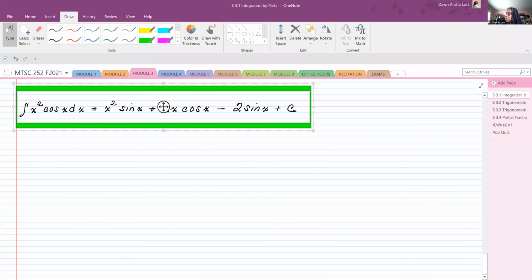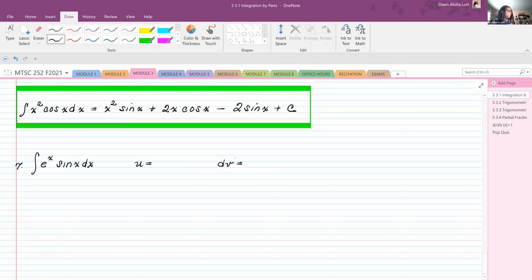Okay, number 7 with 1 minute left. Now this one doesn't have x squared, x cubed, or x in it.